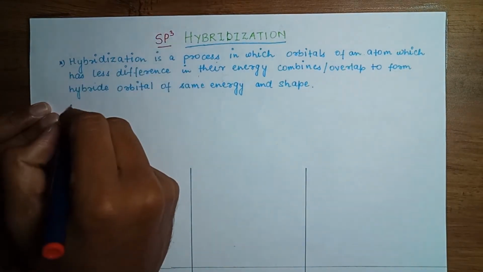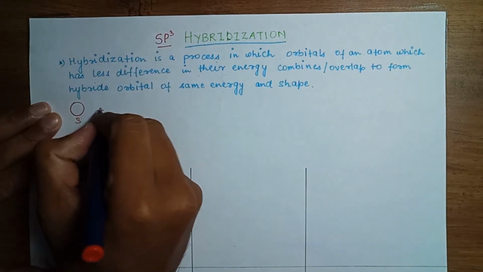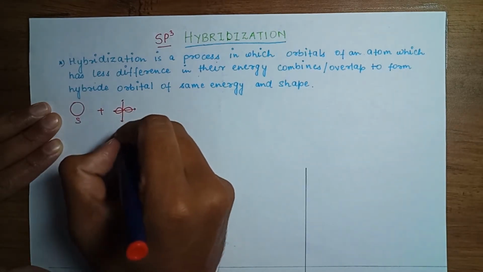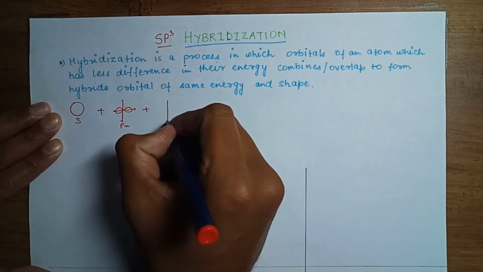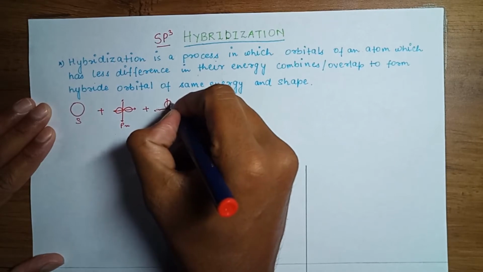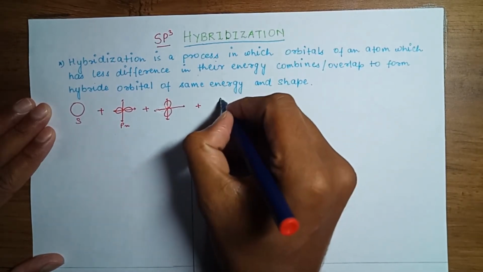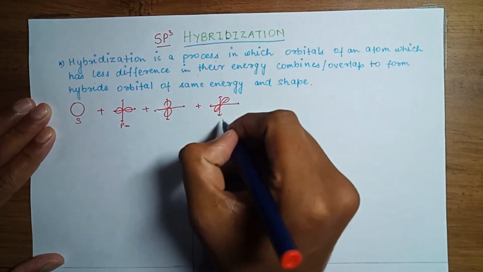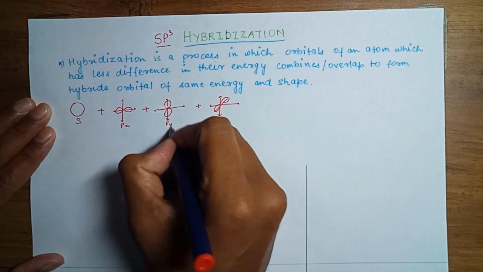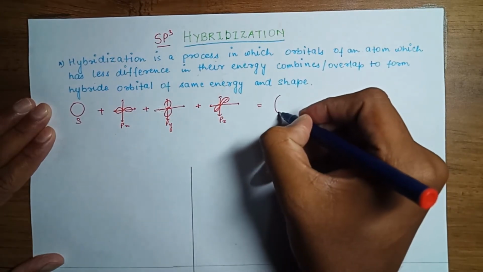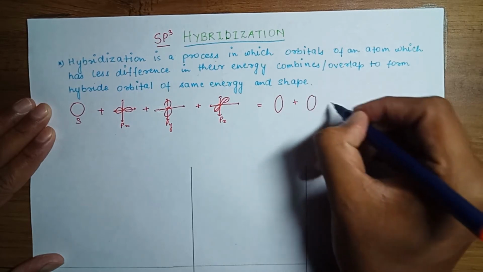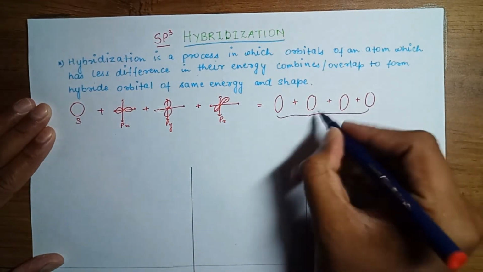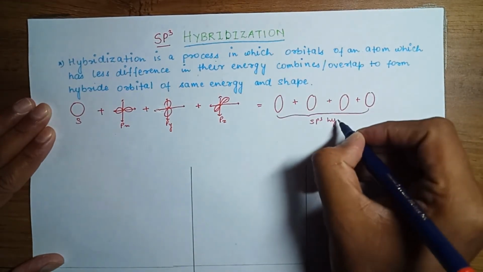In sp3 hybridization, one s, one px, one py, and one pz will combine to give 4 sp3 hybrid orbitals. These are my 4 sp3 hybrid orbitals.